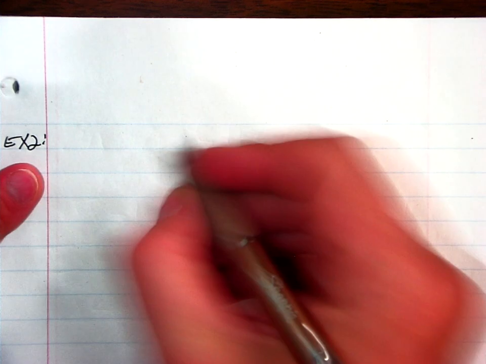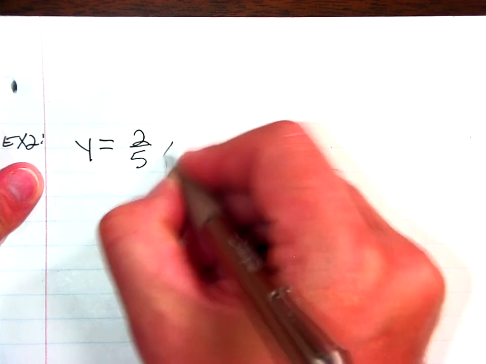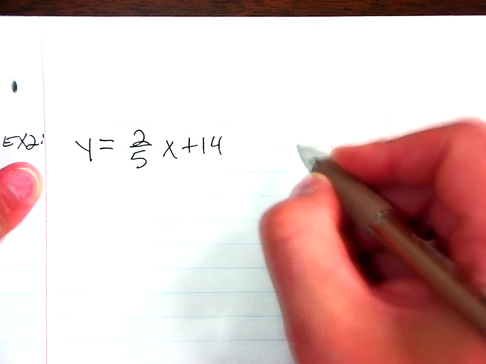2 examples left, then we're done for today. So this is example 2. y equals 2/5 x plus 14.